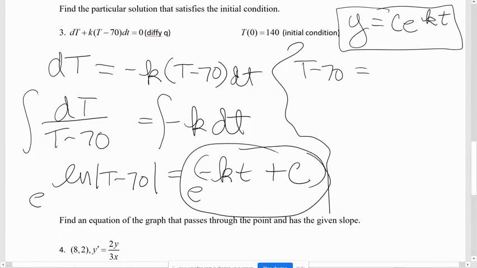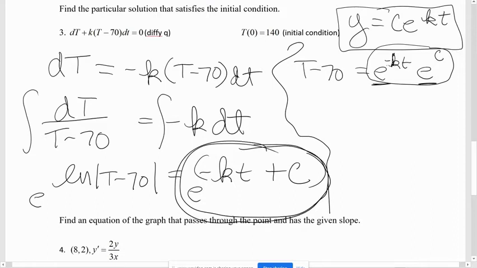I'm going to rewrite that as e to the negative kt times e to the c. That's the part that you probably wouldn't figure out to do on your own, but now you have to know how to do that. That's because if these bases are the same, we add the exponents. So this right here is the same as this down here, but this is a more user-friendly version of it.